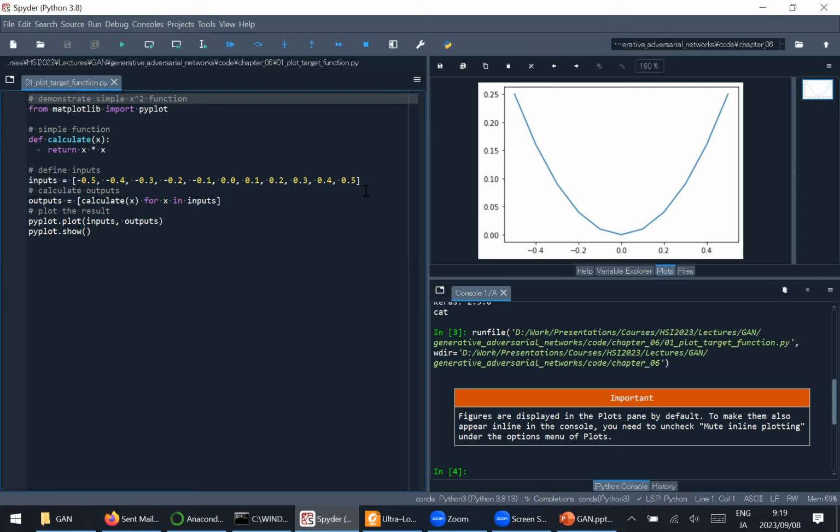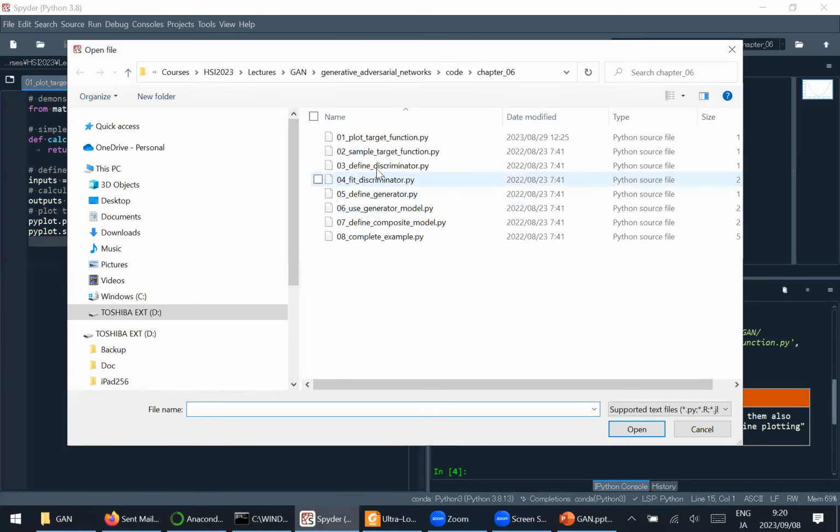This course is about actually making a real working example, real code that actually works. So we start off with a very simple example. This is just a parabola, right? Our task is to create a GAN for the parabola here.